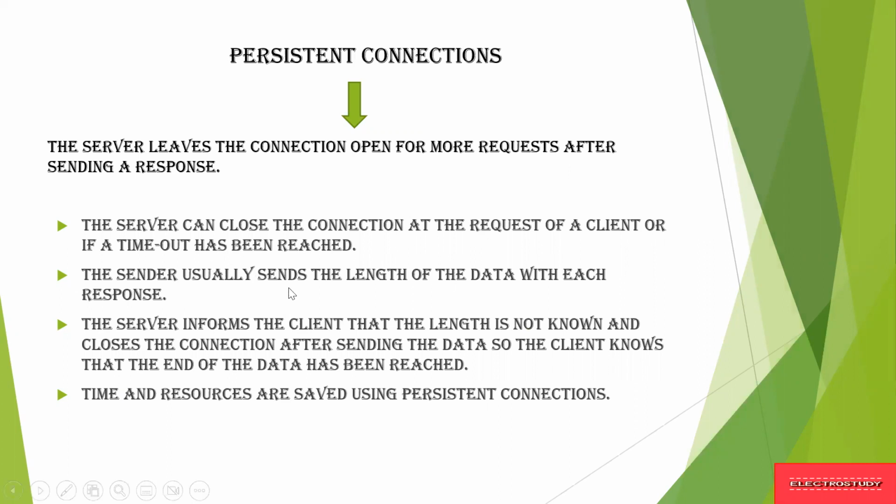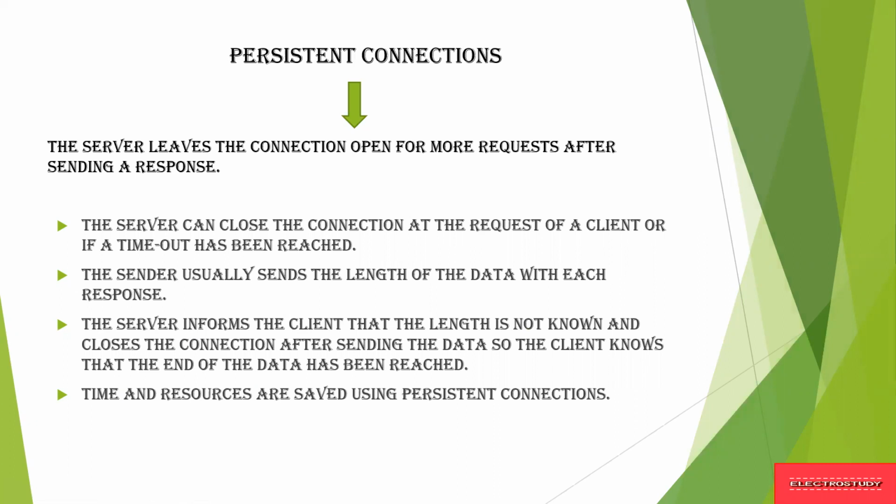Now the sender usually sends the length of the data with each response. So it not only sends the request or responses, it also sends the length of the data. But sometimes, not in all cases, this length of the data is sent. If the length of the data is not sent, what happens? The server will inform the client that the length is not known.